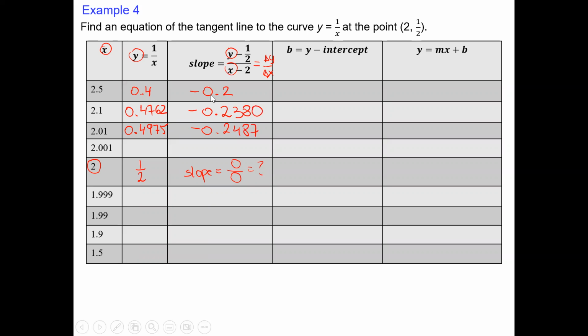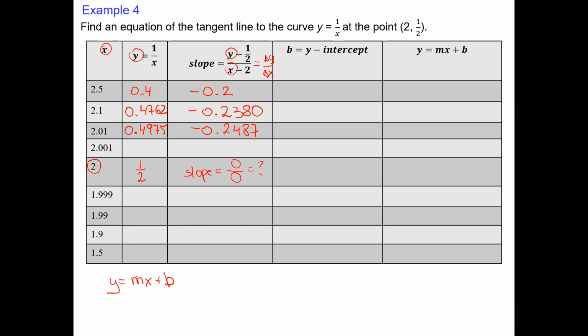Okay. Also, what we will also need to work on is the y-intercept. How can we get it? Since we have the slope, we may use the line, mx plus b. We can still use the point slope form, and we will get the b value, the y-intercept, right away.